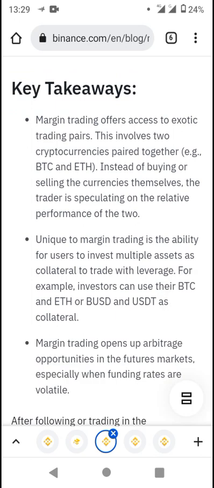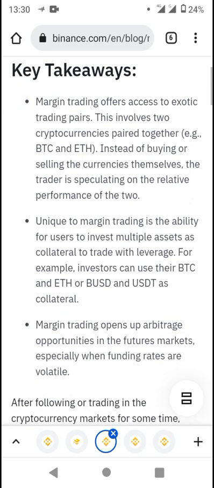For a quick wrap-up, our main takeaway is that margin trading offers access to exotic trading pairs, which involve two cryptocurrencies paired together. Instead of buying or selling the cryptocurrencies themselves, the trader is speculating on the relative performance of the two.